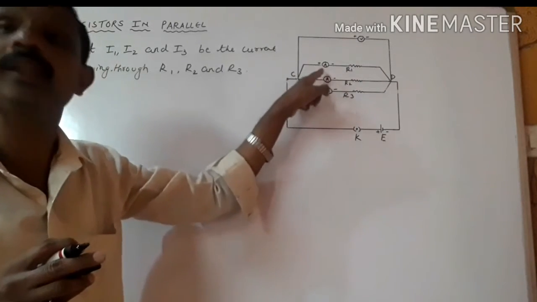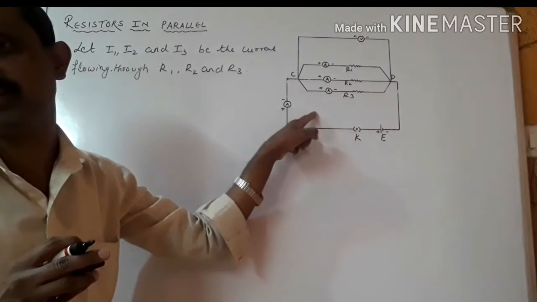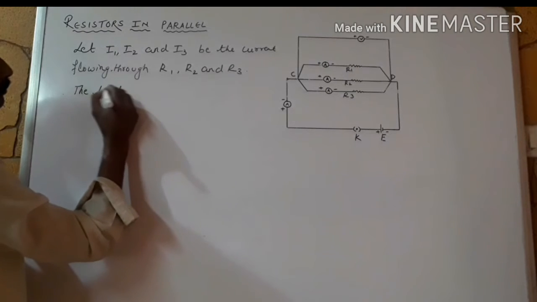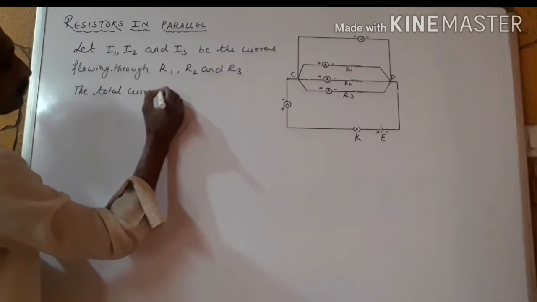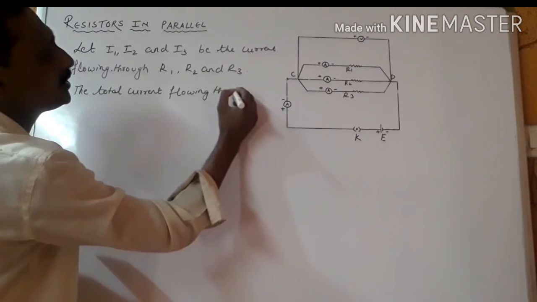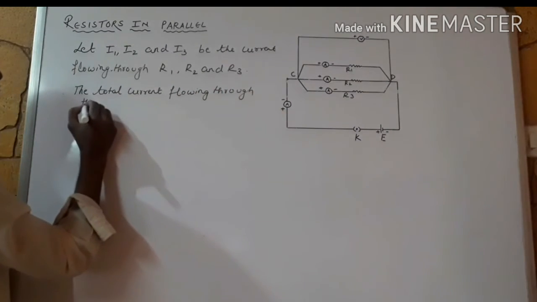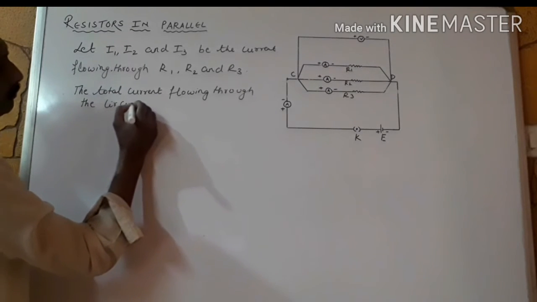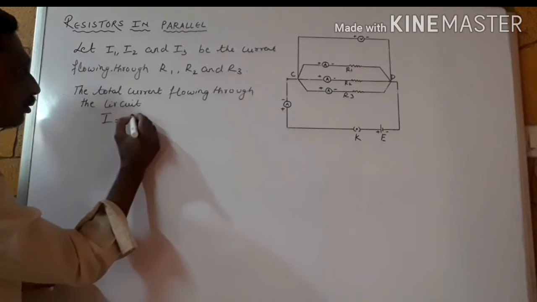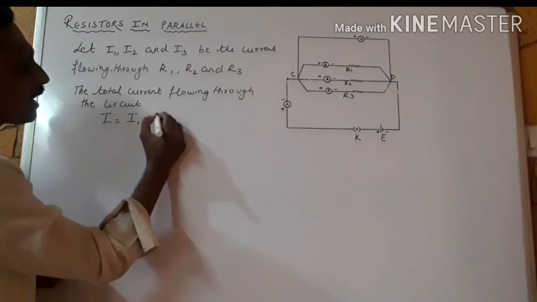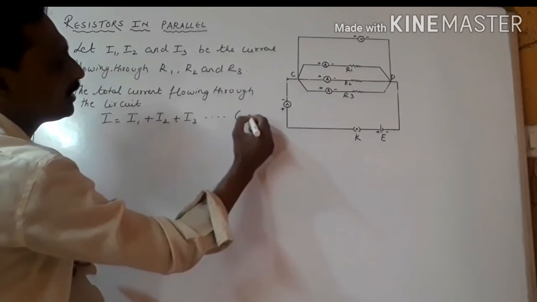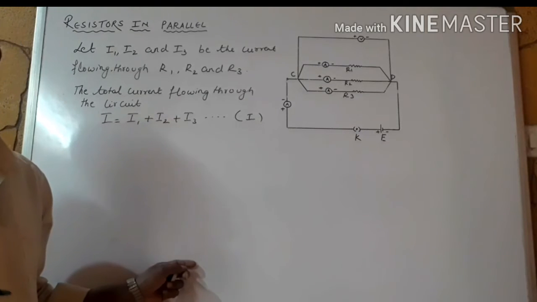The total current flowing through the circuit will be I is equal to I1 plus I2 plus I3. Let this be equation number 1.